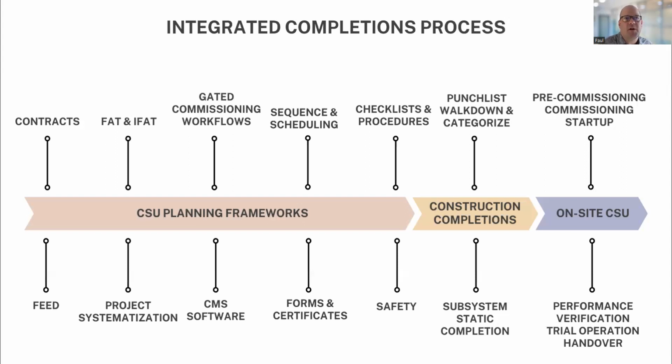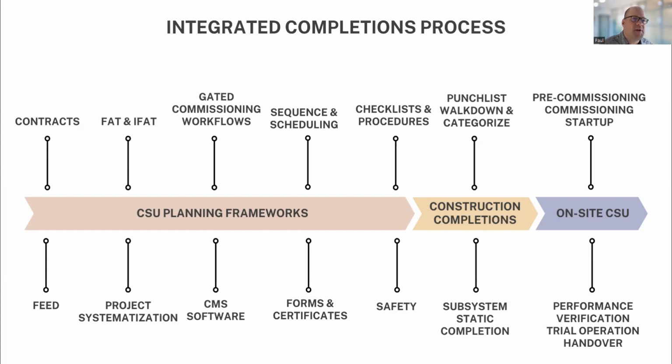The next aspect is our project systematization. This is the main reason that commissioning teams need to be involved earlier in projects, is to help project groups understand how projects are systematized into the various systems and subsystems earlier in the project. So we need to be taking a systems-based approach through design and through construction into commissioning, so that all of our activities align identically with our project startup sequence.